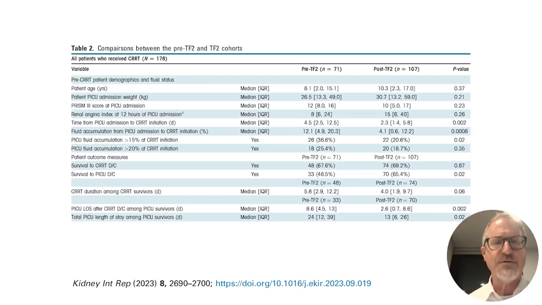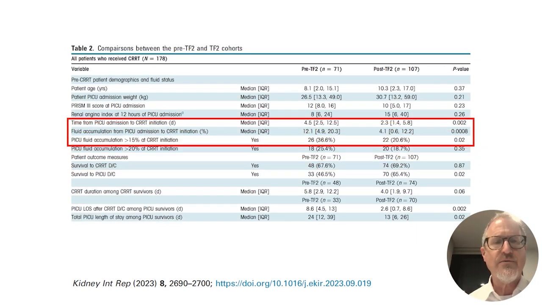The time to CRT initiation from ICU admission decreased by about 2 days. The median fluid accumulation decreased from 12% to 4%. And the percent of patients who had greater than 15% fluid accumulation at CRT initiation decreased significantly.